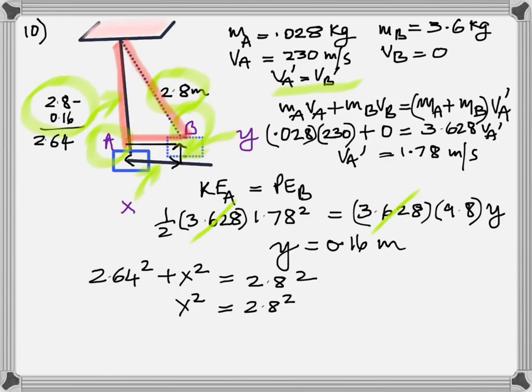Therefore, you can find AB. We can do this because it's a right angle triangle.